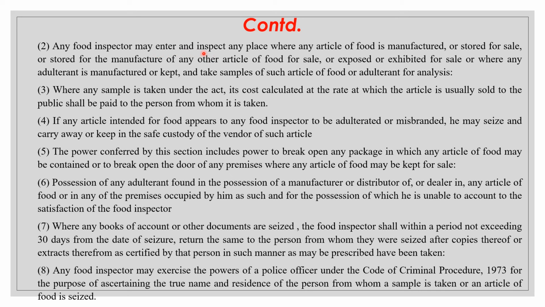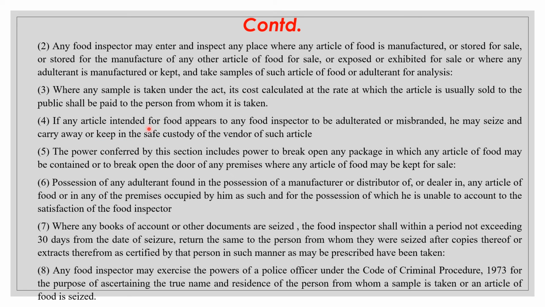He can enter and inspect any place where the food article is manufactured, stored for sale, or stored for the manufacture of any other food article. Okay, when sample is collected from a person or a member of public, then the cost at which it is available in the market will be paid to him.